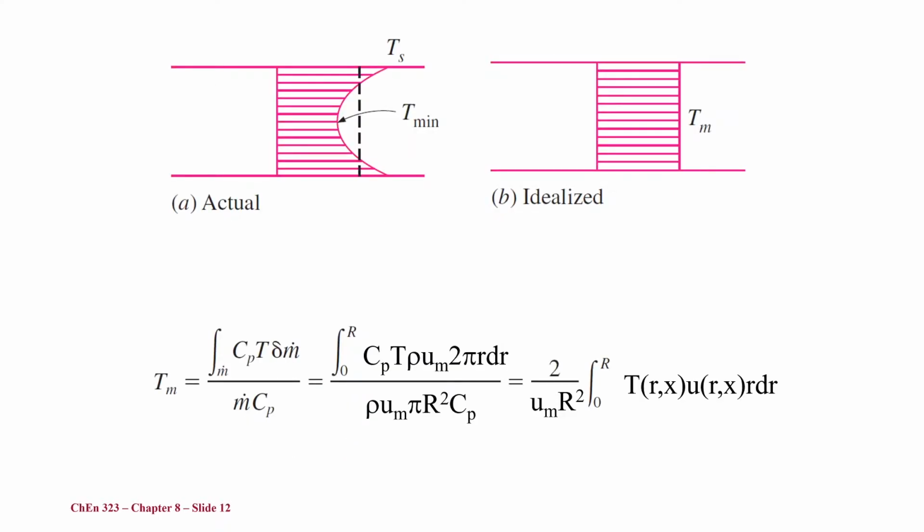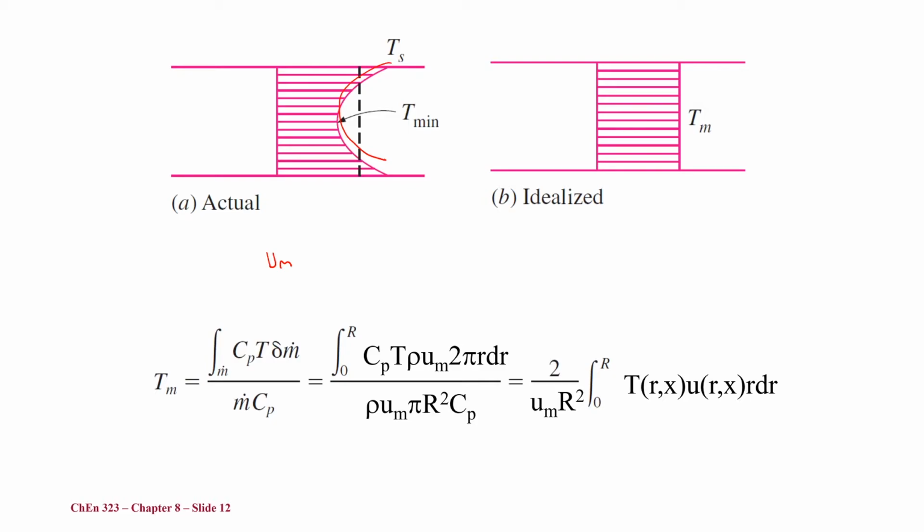And again, just like in the case of velocity, the radial dependence of temperature can also be idealized. You can integrate the temperature across the cross-section area and divide it by the cross-section area, and then you get an idealized temperature profile.